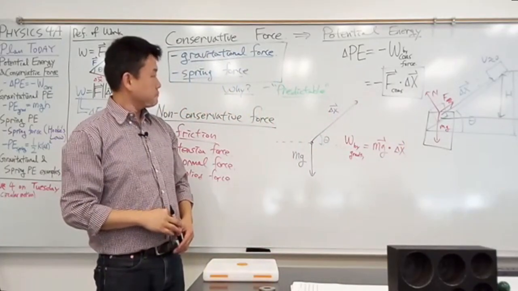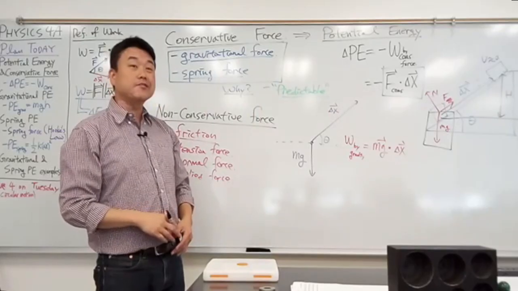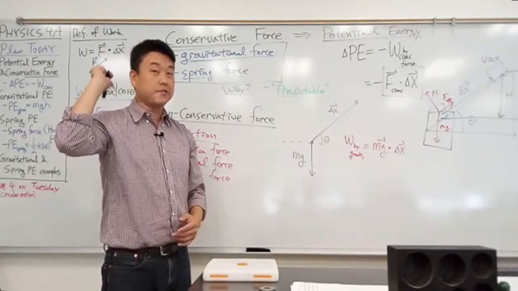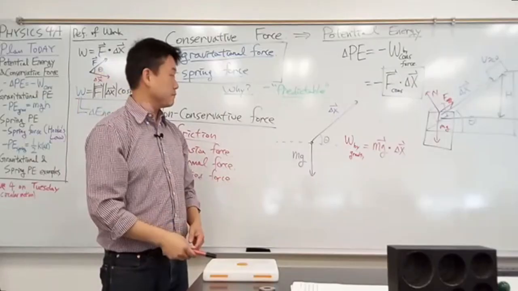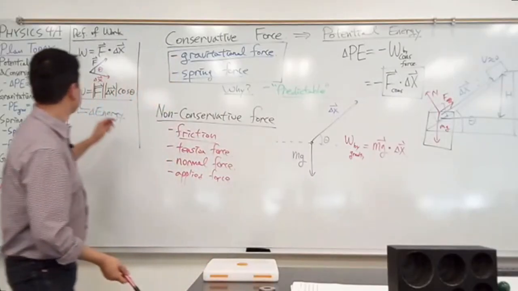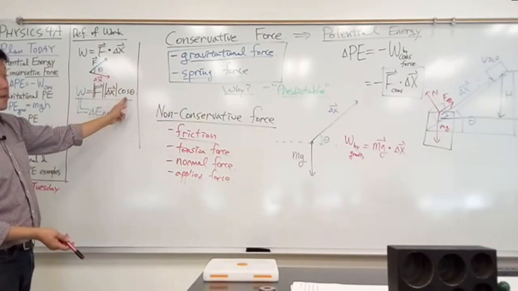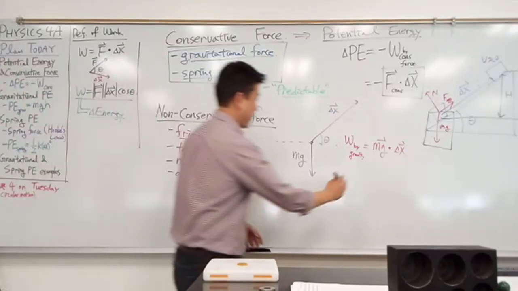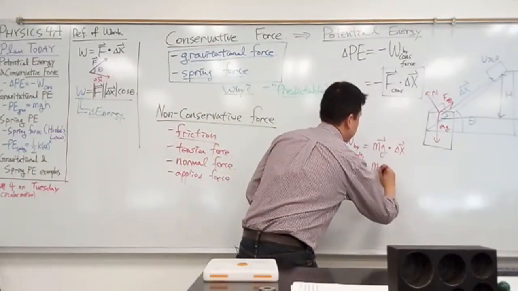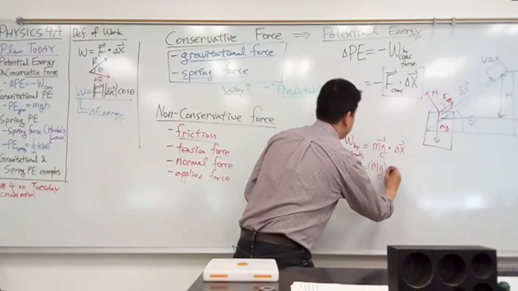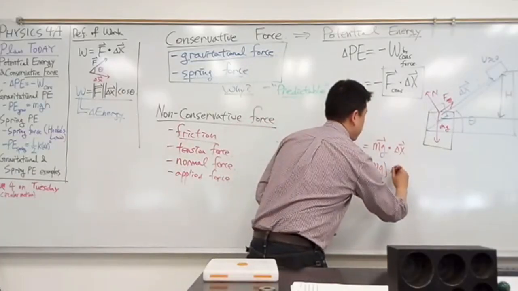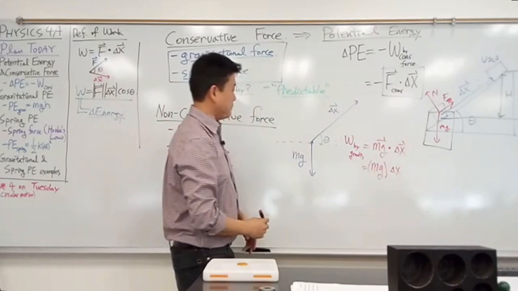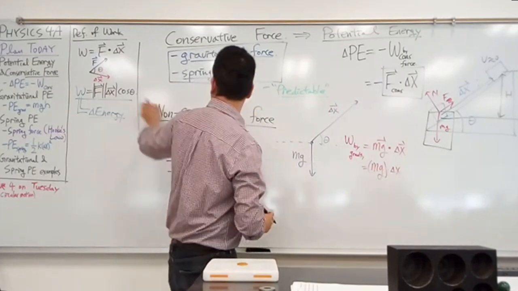I guess there are different ways to do it. Let me just try applying the definition straightforwardly. It says mg cosine theta, so let me just do that. mg, that's the magnitude, times the distance, delta x, times cosine theta.